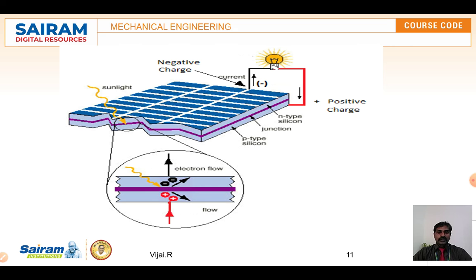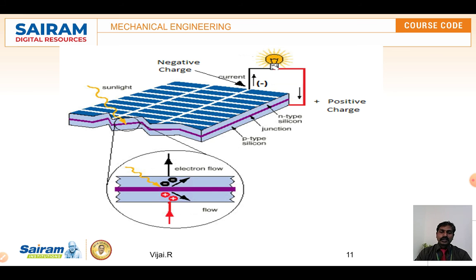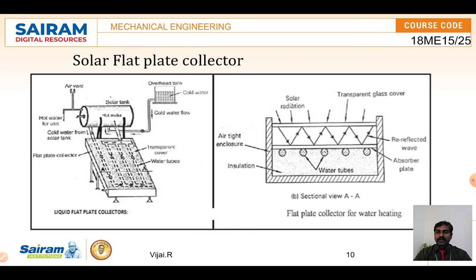Since, as we said, renewable and non-renewable energy sources, the non-renewable is going to vanish in future, so we are going to use other special forms of power. The solar flat plate collector and the solar panel are two simple examples of how we are going to use solar energy. In the solar plate collector, we are just heating up the water for domestic purposes.